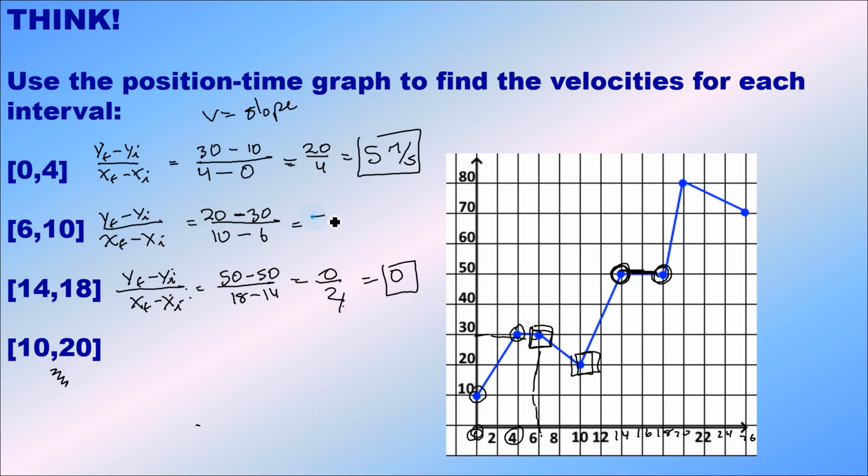So we have negative 10 over 4. So 10 divided by 4 is 2.5, but it is negative because we have negative 10. So negative 2.5. And why is it negative? Well, the cart is backing up. So negative.